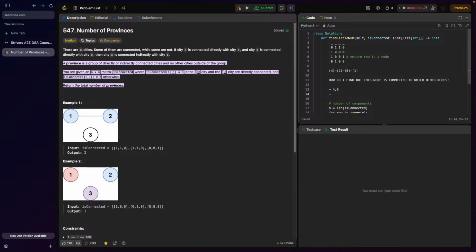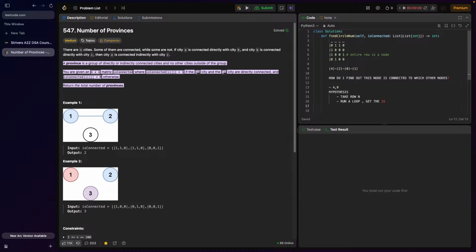But how? So you take row 2, or at least my hypothesis is: take row n, run a loop, get the ones, and the list you create is your node's connection.